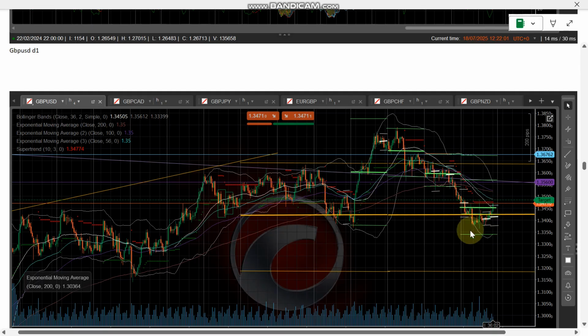See the bridge out, close below this daily line, and when they bridge out, that means they're supposed to pull back in and move down to the lower Bollinger Band line of the daily. So this is GBP USD. GBP is supposed to drop to this, or go up to this top line of the BD, Bollinger Band daily. Okay.